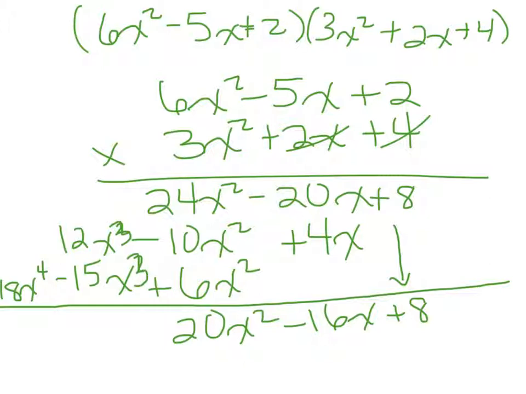Congratulations to anyone who saw that before I did. You are smart. Okay, so we're going to combine these two, 12x cubed and negative 15x cubed will give us a negative 3x cubed. And then we will just bring down this 18x to the 4th. All right, that is your final answer.